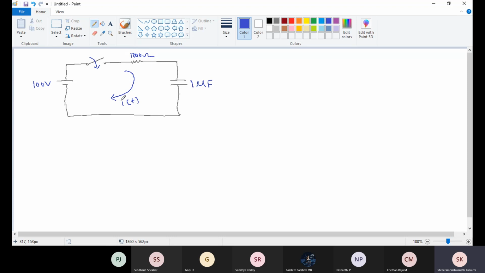Question is, in the network the switch is closed at t equal to 0, with the capacitor uncharged.